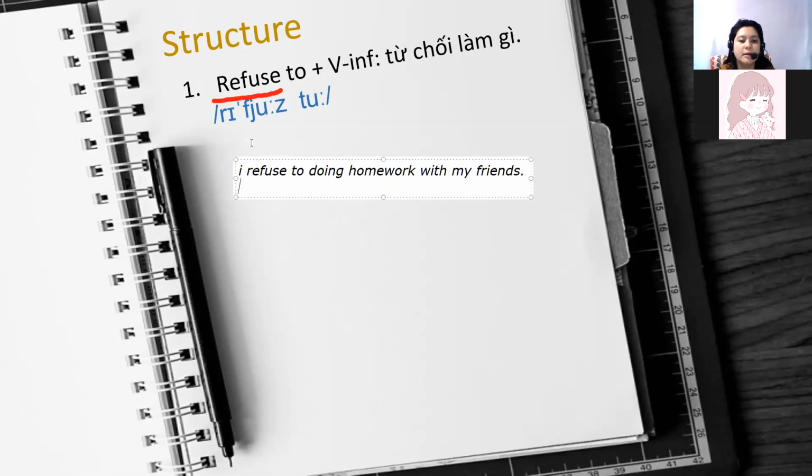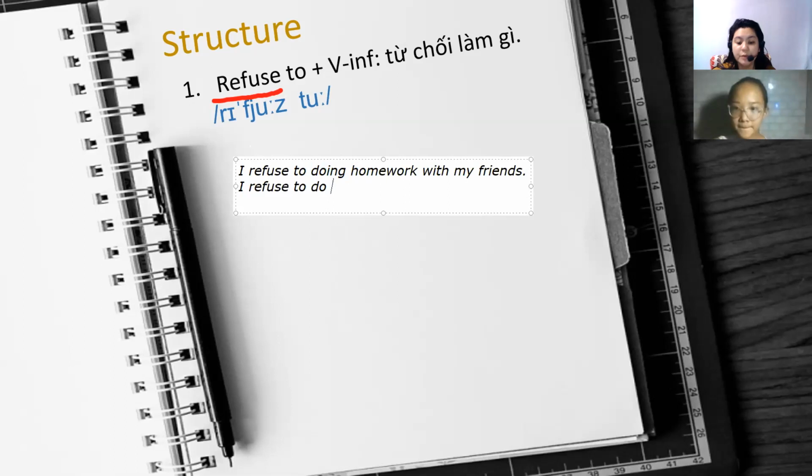Okay, where's the verb here? It's doing. I refuse to doing homework. It should be, I refuse to do my homework with my friends.